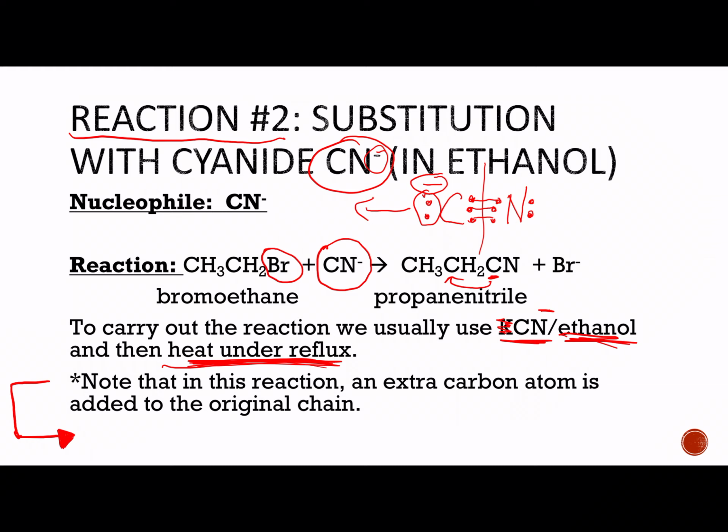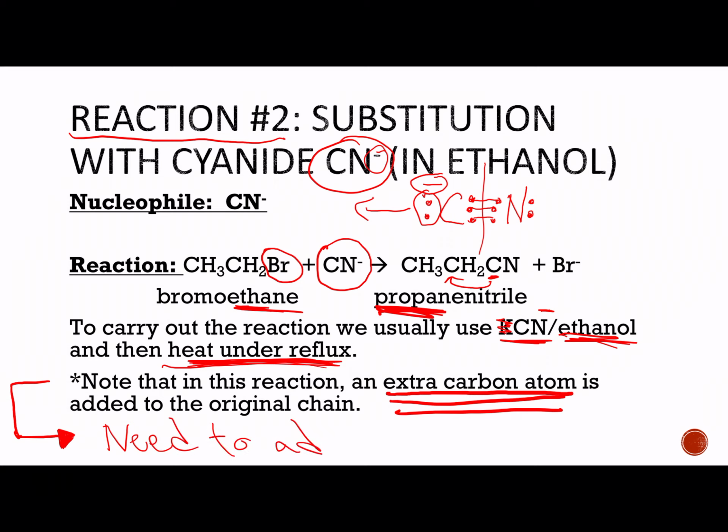So this is one way that you can add extra carbon atoms to your carbon chain. And so this, for example, goes from ethane to propane. And so that is a unique aspect about this reaction. So if you need to add an extra carbon, this is one way to do so.